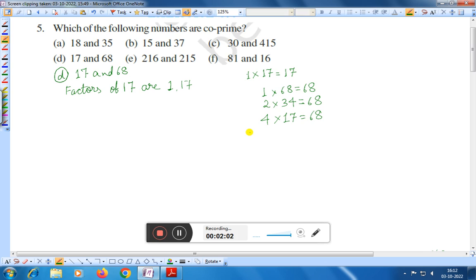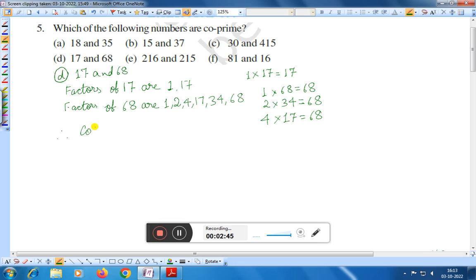No factors for 3, 5, 6, 7, 8, 9, 10. Therefore, the factors of 68 are 1, 2, 4, 17, 34, 68.